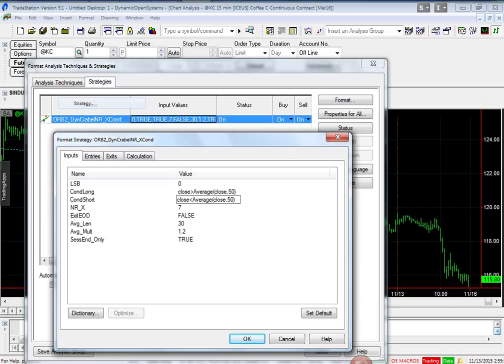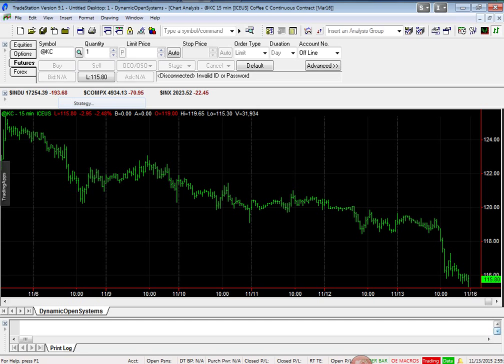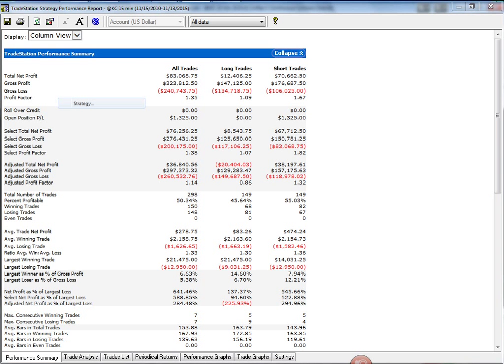So in essence, what we're doing is we're saying we only take entries in the direction of the trend. We're using an NR7 here as our default. Let's see what that does for us. $83,278 a trade, 28,000 drawdown.